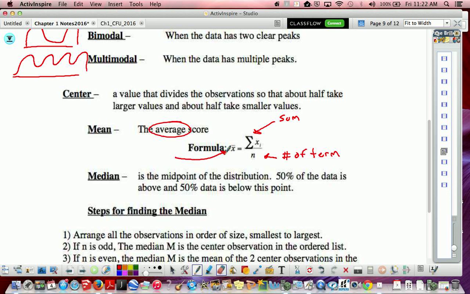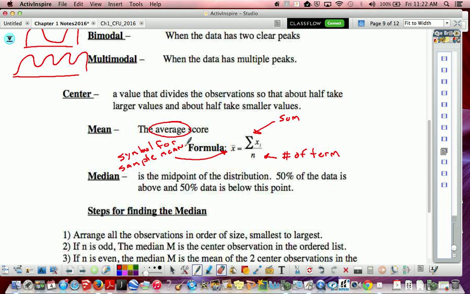X bar is a symbol for sample mean, because you're going to type in all your data from your sample. We'll use our calculator to calculate our means. I rarely calculate them by hand.